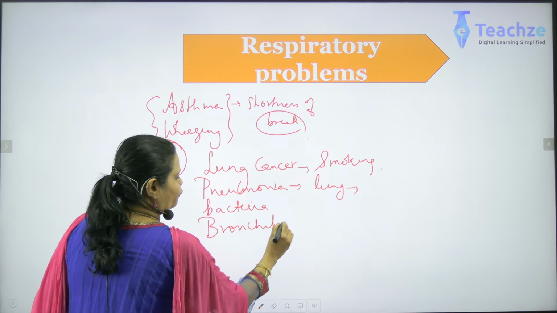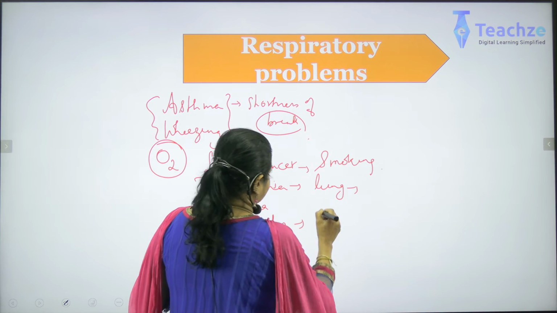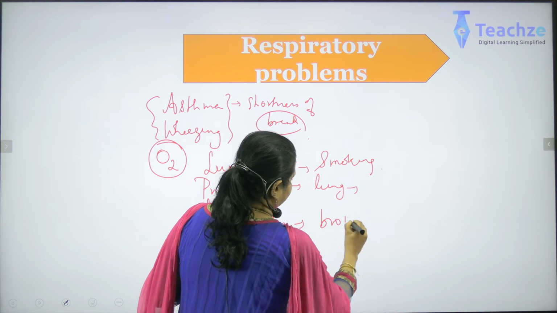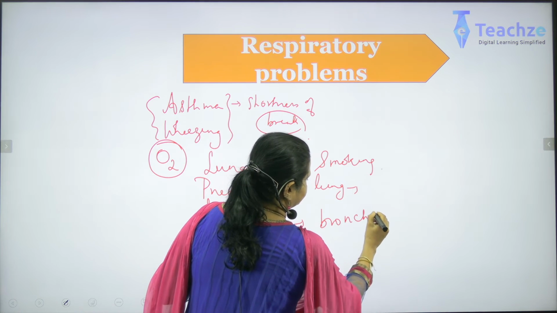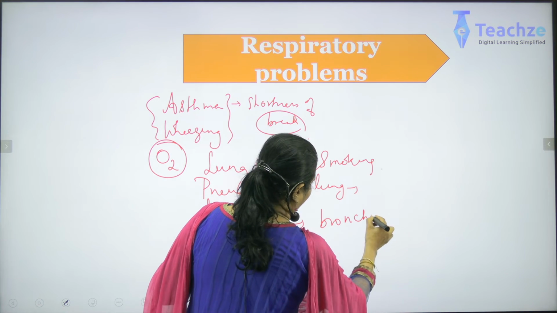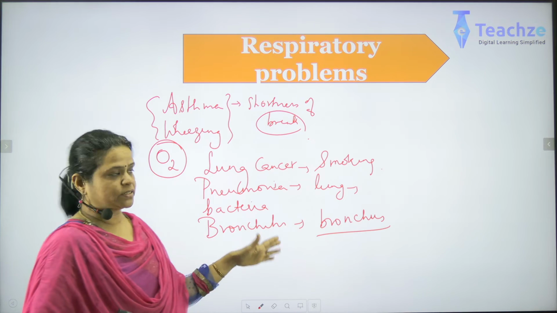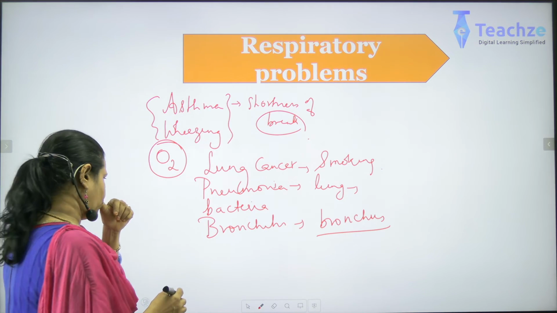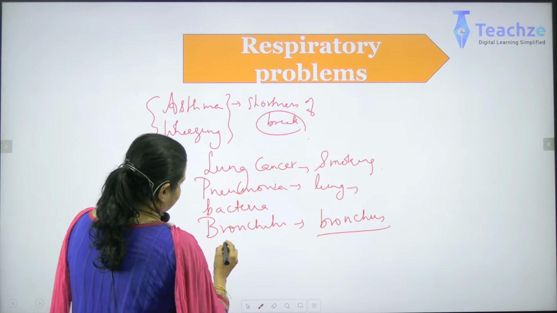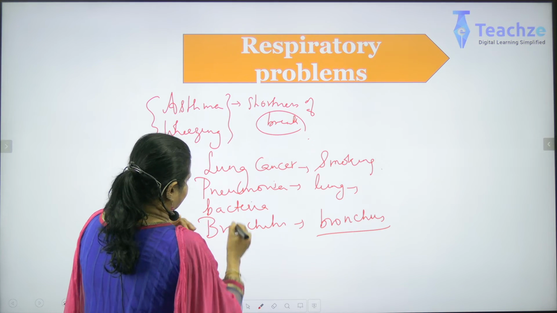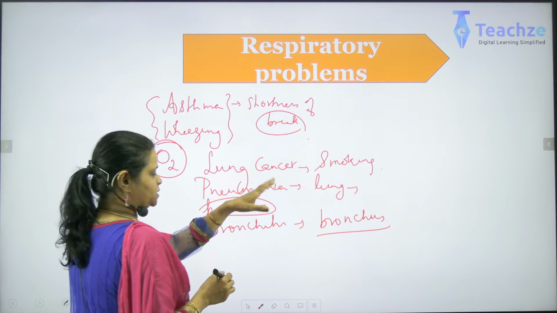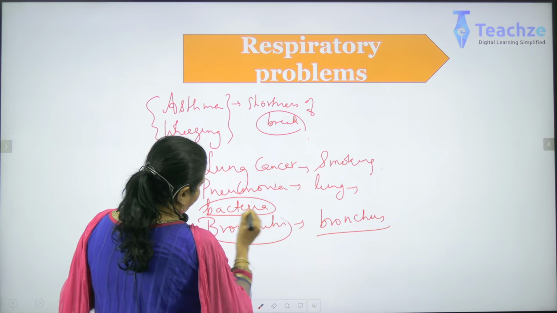It comes with a cough. Bronchitis is the inflammation of the bronchi, the primary, tertiary bronchi and so on. So lung cancer, pneumonia, which is caused by bacteria, and then you have bronchitis.